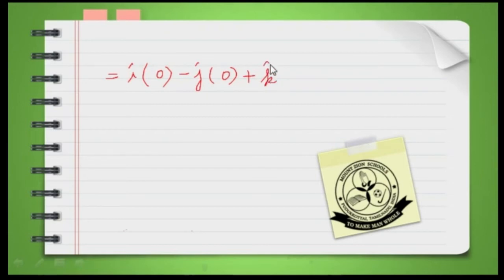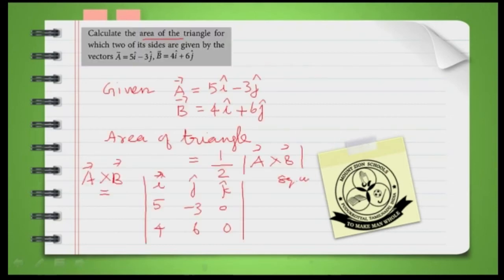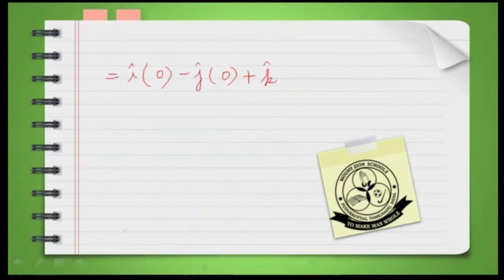Just follow from the previous. See here k cap when you take it is, yeah, what is it? 30 minus of minus 12. So your answer is 42 k cap. We need only the modulus, isn't it?